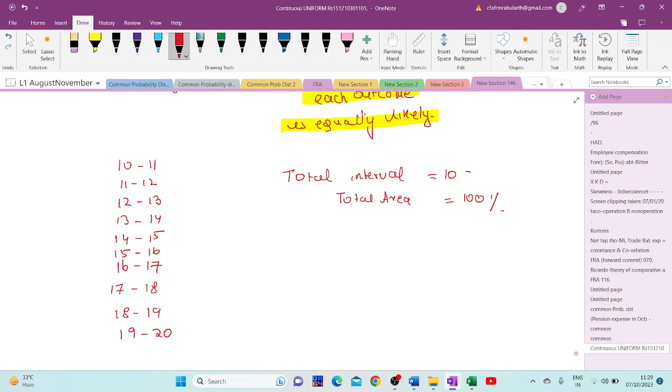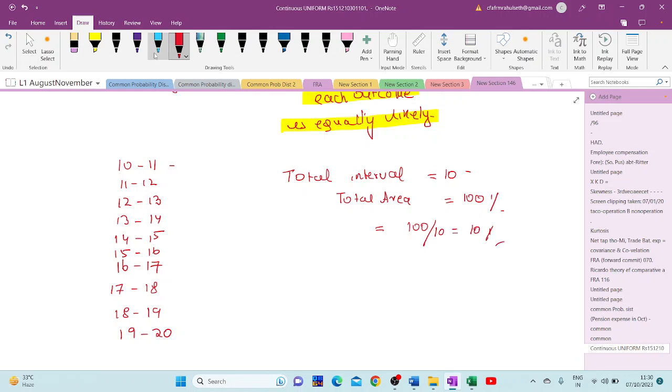Sum of all mutually exclusive and exhaustive events add up to 1. So the total area under this distribution is going to be 100%, and the total number of intervals are going to be 10. And we know that equal sized intervals would occur with the same probability. So the probability that we can assign to each of these intervals is 100 by 10, that is 10%.